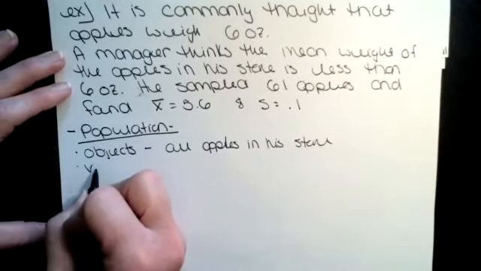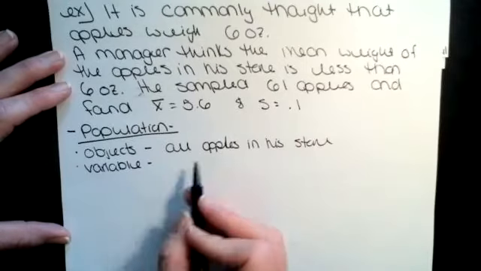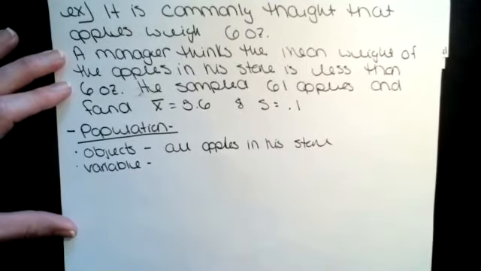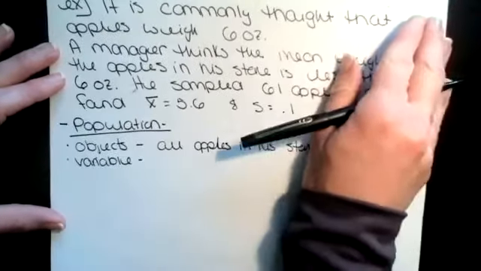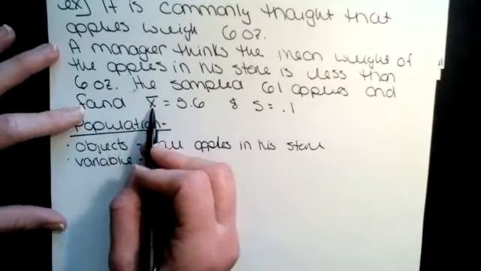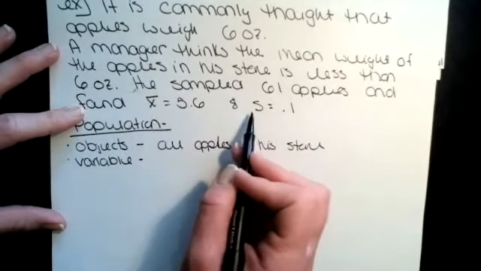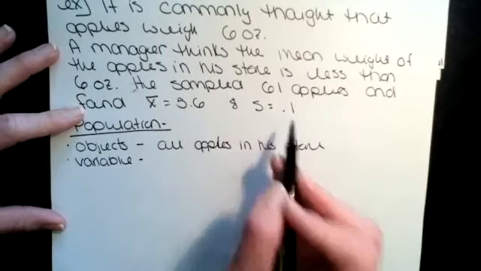Now my variable. This is what we're studying about these apples. And this is what changes from apple to apple. It says he found X bar, so the mean weight of the apples, to be 5.6 and standard deviation to be 0.1.